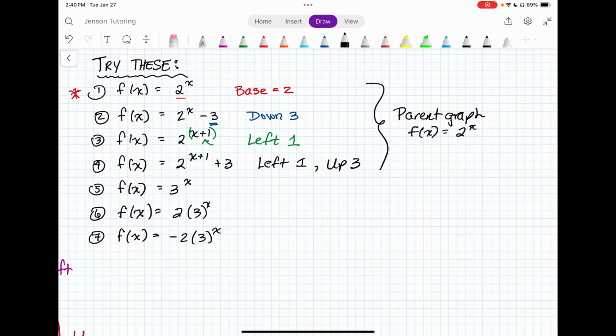So let's try those and then we'll come back to 5, 6, and 7. Because 5, you'll see that's also a parent graph, but this number 5 has a base of 3. So let's go look at the parent graph transformations for problems 1 through 4 and see what happens there.